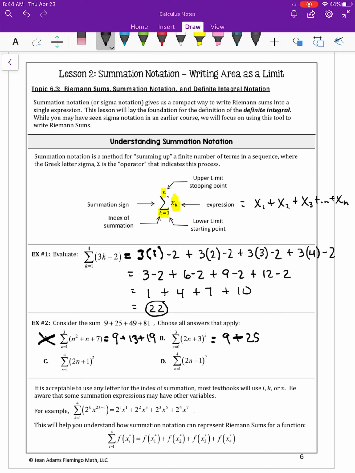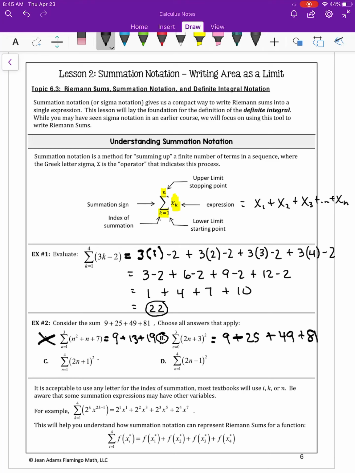Now let's try B. Our first one is 0. If I put a 0 in for n, I am left with 3 squared, which is 9 for the first one. Plus, if I put a 1 in, because when I go from 0 to 3, that means I start at 0 and then go to 1, 2, and 3. So 2 times 1 is 2 plus 3 is 5 squared is 25.